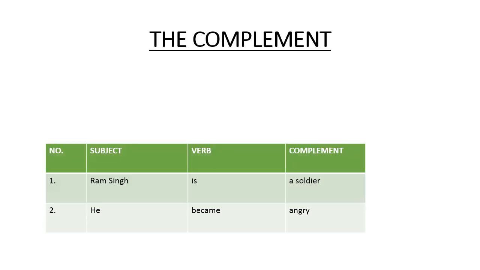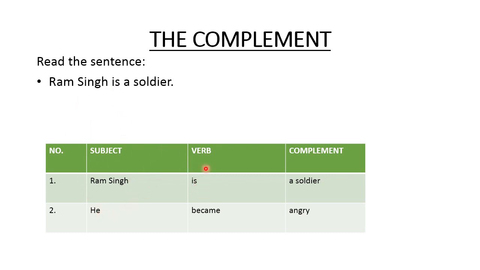The complement. This is very easy to understand, children. I'll quickly read some examples for you all. Read the sentence. Ram Singh is a soldier. Ram Singh is the subject, right?